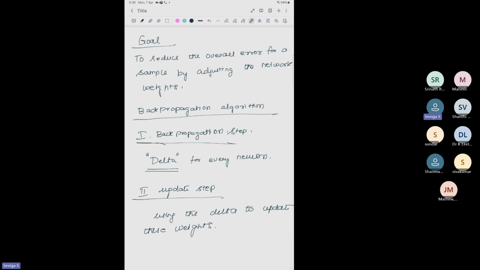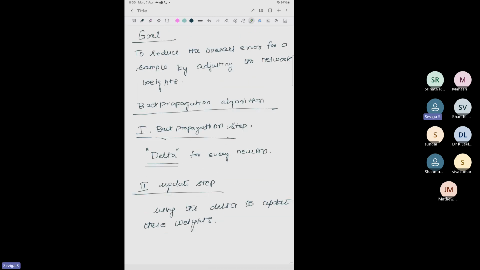Once the output is computed, we compare the output with the ground truth, and if the error is greater than 0, we calculate a number called delta for every neuron. The second step is the update step: using the delta, we update the weights of every neuron. This is what we will learn in the next class.